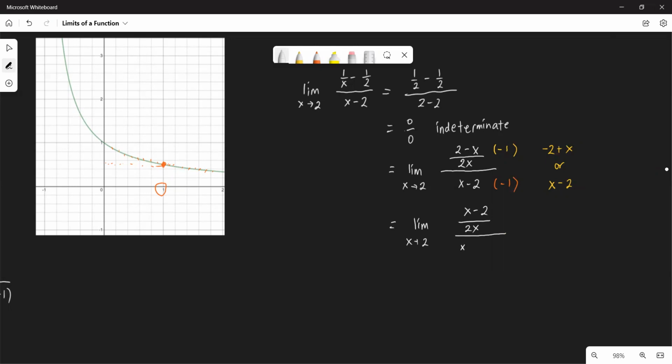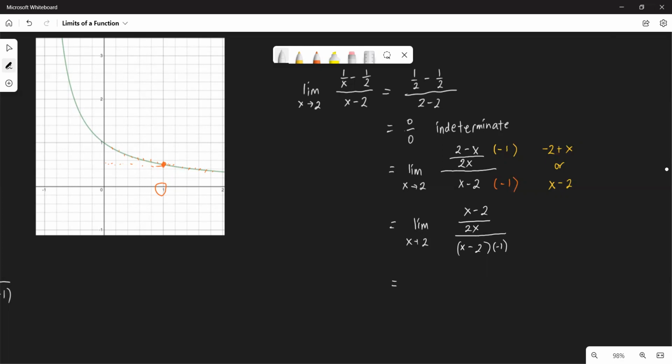Let's just put the negative 1 here first, and then we'll simplify the fraction later. So we now have a common factor. We can cancel out.